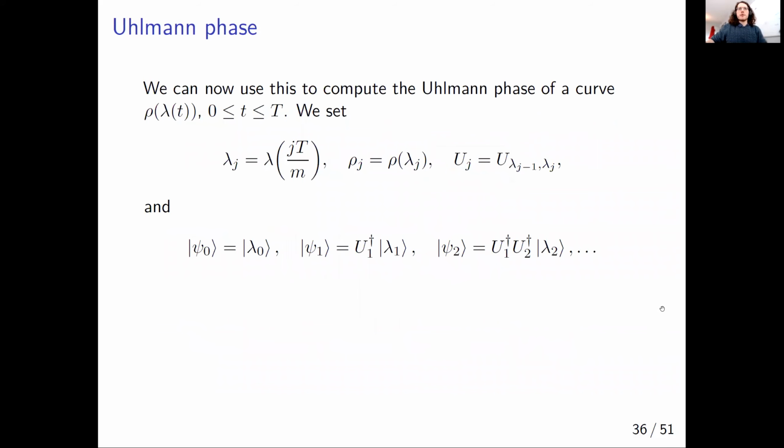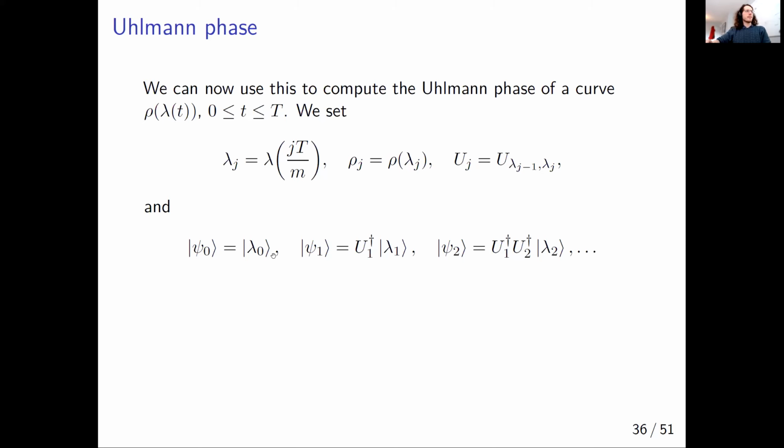So now we can use this result to actually compute the Almond phase of a curve of Hawking radiation states. So we pick density matrices rho k evenly distributed along the curve, and we can construct these unitary operators uj, for each subsequent pair in the way I've just described. And then we just write down these purifications.